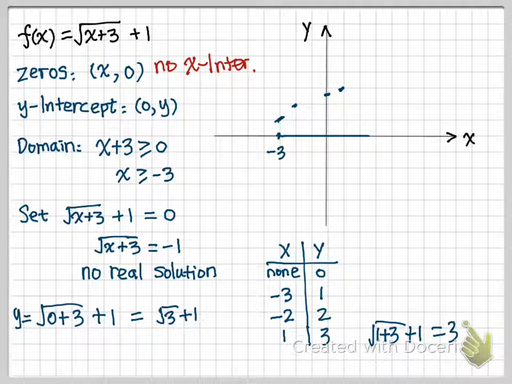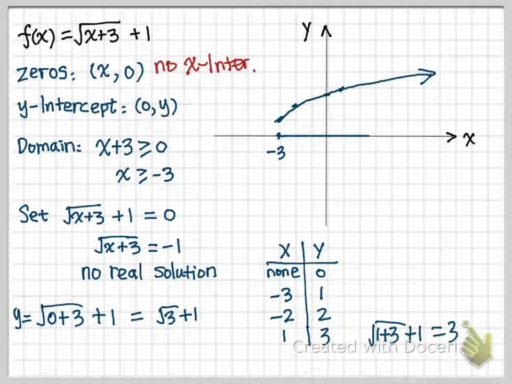And we connect these points to see that this function has a parent function of f of x equals square root of x, and the domain is from negative 3 to infinity.